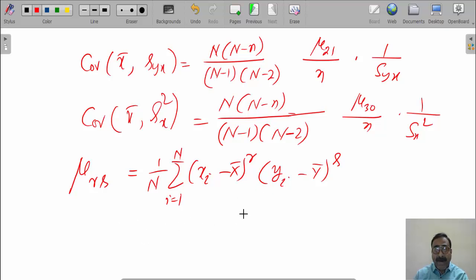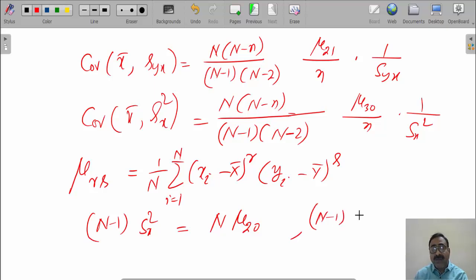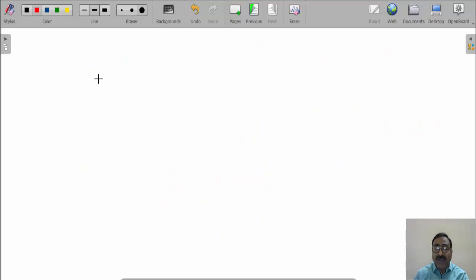So now n minus 1 into Sx square will be n into mu 20, and n minus 1 into Syx will be n into mu 11. Using these values we can get the covariance.